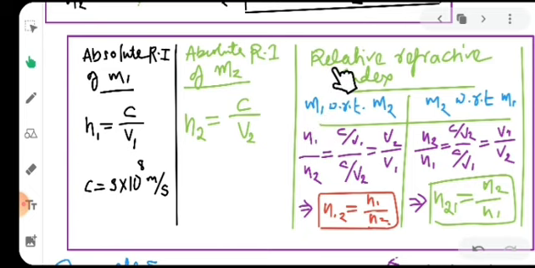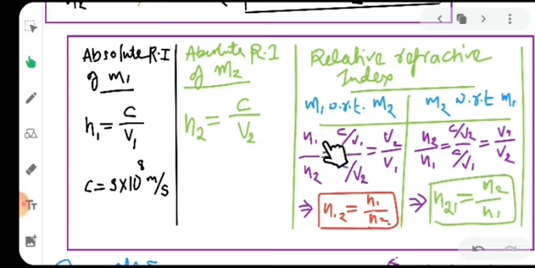So if you are supposed to find the relative refractive index of material 1 with respect to material 2, let us see what these logical relations give us. Just do n1 divided by n2. As you can see, I have done this over here. You have n1 in the numerator and n2 in the denominator, which equals, as per the definition of the absolute refractive indexes, n1 stands for c over v1.